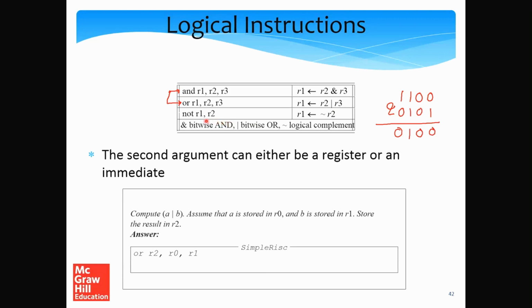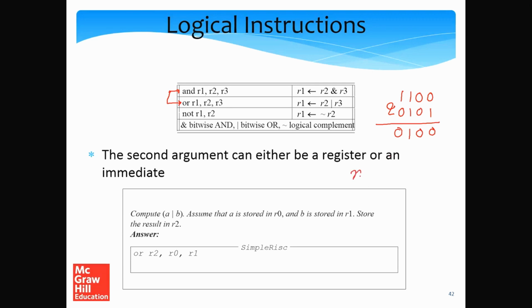Then we have the NOT operand, which is actually a 2 address format operand. So we have only one source operand, which can be either a register or an immediate. As a general rule, only one source operand is allowed to be an immediate, but both the source operands are not allowed to be immediates.